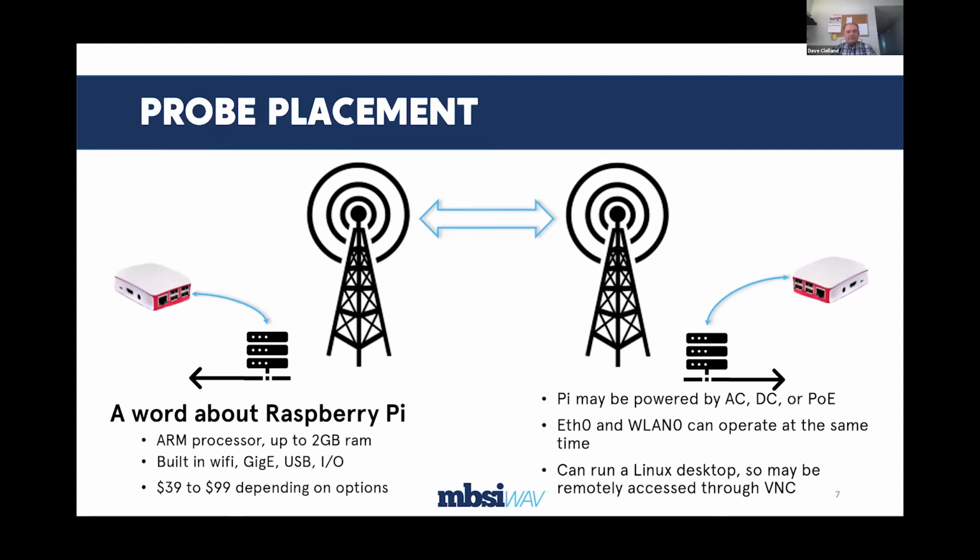And I've got my pair of, in this case, Raspberry Pis plugged into each of those. And so that lets me test in the direction of the arrows away from the tower if I want to on the network, or I can test in between the towers when I simply set up one as a client, one as a server.